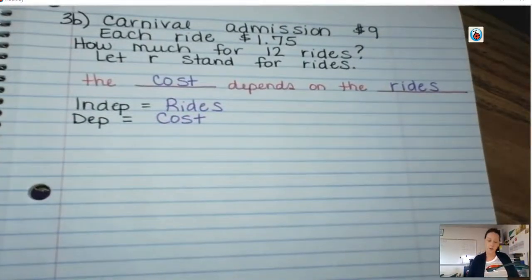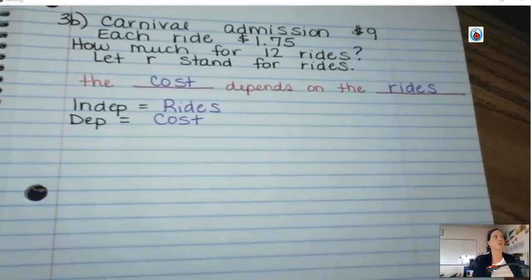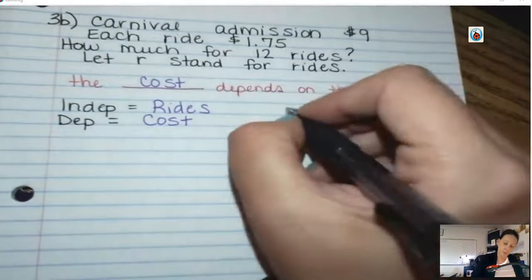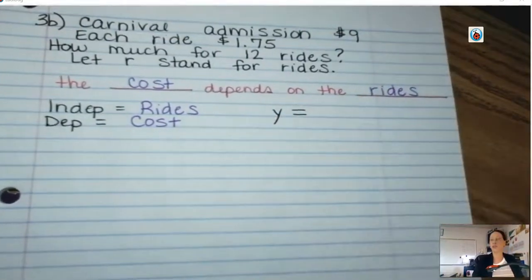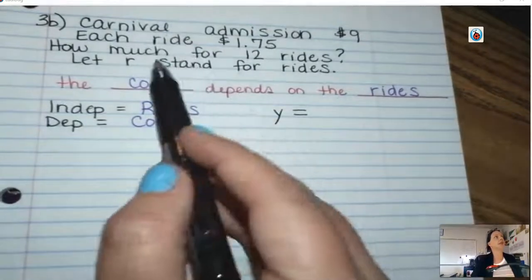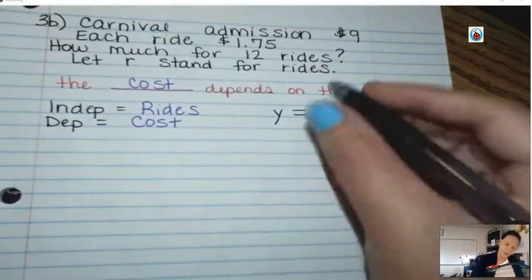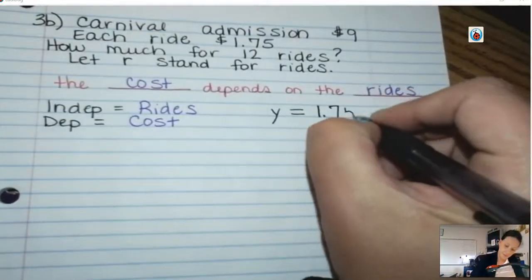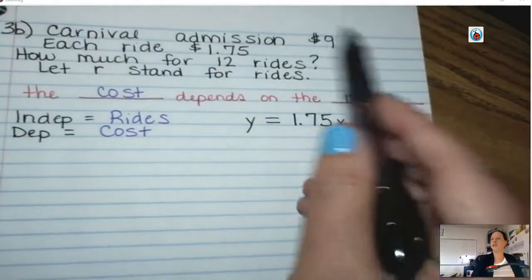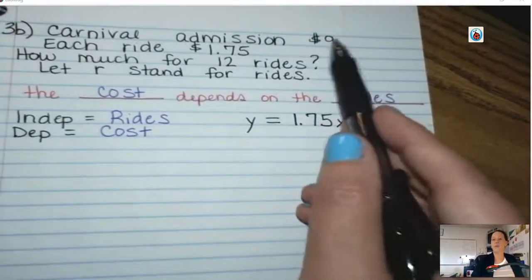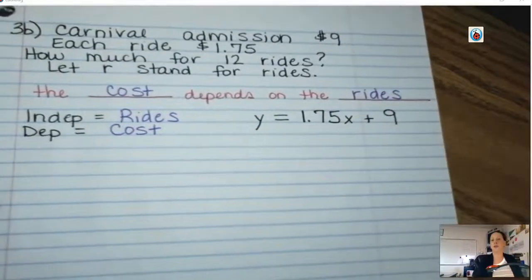Then we're going to write the equation. So first, I'm going to just put it into slope-intercept form using y and x. So y equals, slope is always the thing that keeps changing per something. So that's going to be the $1.75 because every ride will be $1.75. Plus your admission fee, that's just your beginning. That's your y-intercept. You're never going to pay less than $9. So just to get into the carnival costs $9.